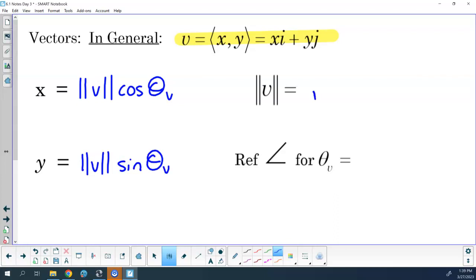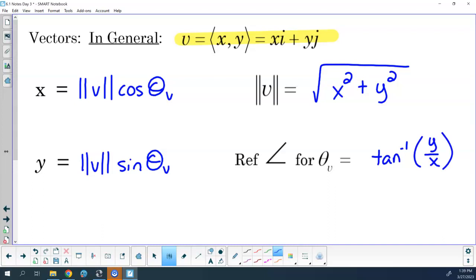Magnitude, again, is the square root of the horizontal component squared plus the vertical component squared. And a reference angle is the inverse tangent of y over x, where we drop any and all negative signs.